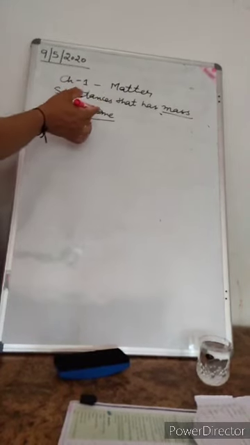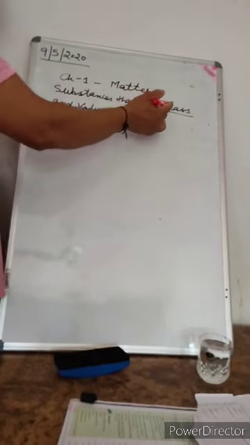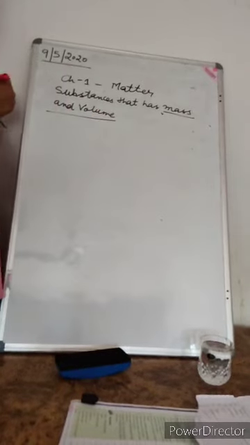So just see that matter consists of two quantities, one is mass, another is volume.